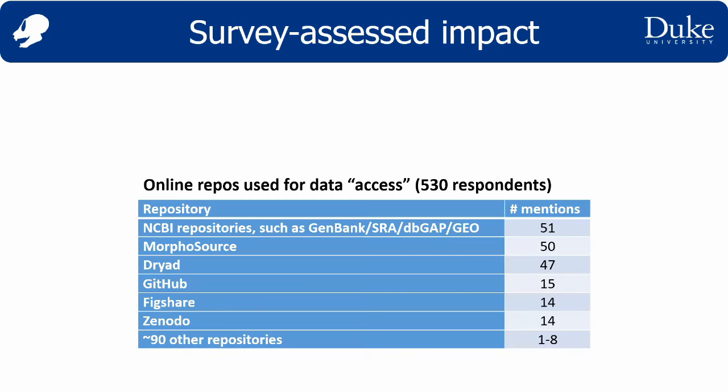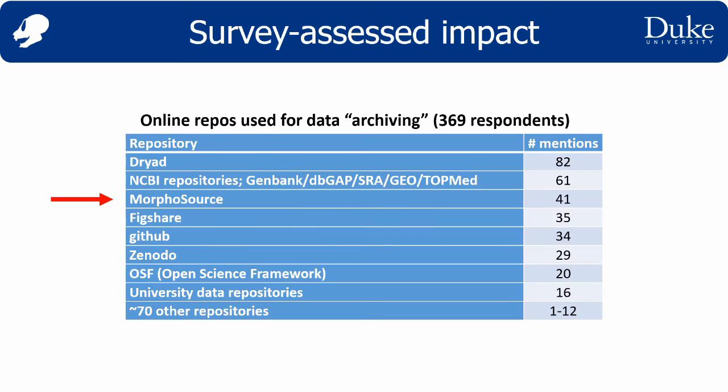I think I said this wrong. Sorry, I went back to the slide because I stated it wrong. We asked people if they had archived their data, if they had shared their data. And if they said yes, they could say the repository they use.